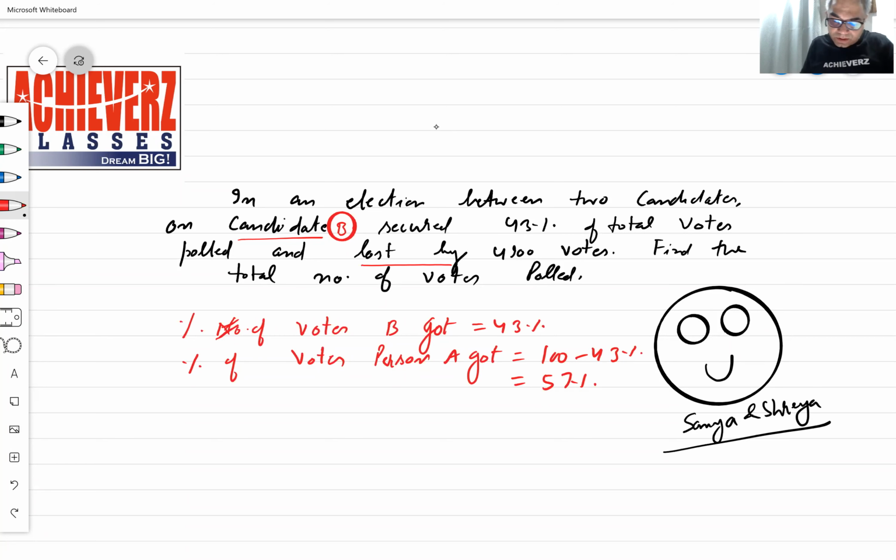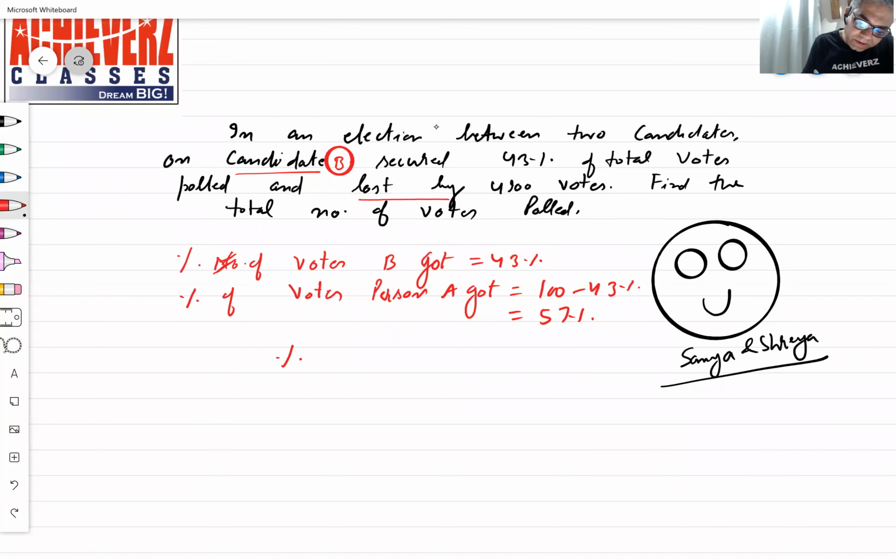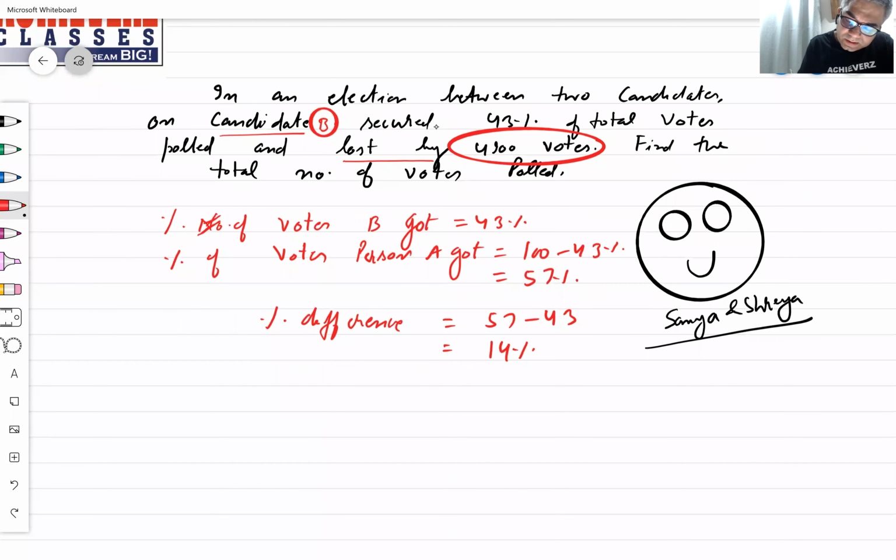And what is the difference in percentage? So the percentage difference is 57 minus 43, that means 14%. Now read the question further. It says this person lost by 4,900 votes. That means he must have lost by this difference. So this difference, 14%, is equal to 4,900 votes.